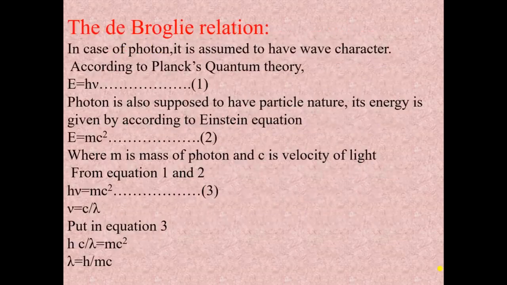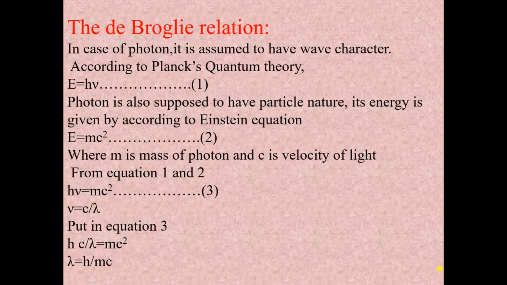So next is the de Broglie relation. We know that photon possesses dual nature, wave-like nature as well as particle-like nature. According to Planck's quantum theory, we can write E is equal to h nu, because photon has wave-like nature. And according to Einstein's equation, E is equal to mc square, because photon also possesses particle-like nature.